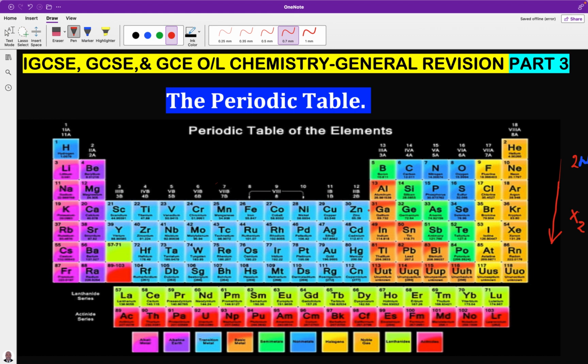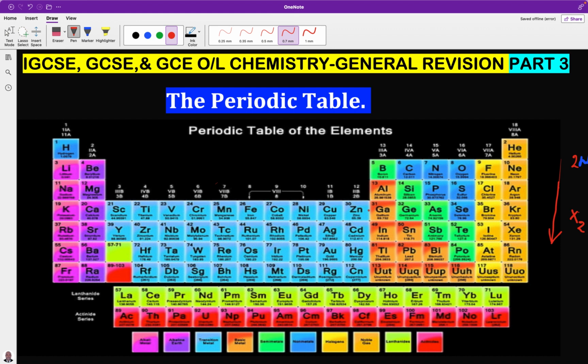These elements and their compounds show catalytic property. In other words, they can be used as catalysts. For instance, finely divided iron is used as a catalyst in the Haber process in the production of ammonia.